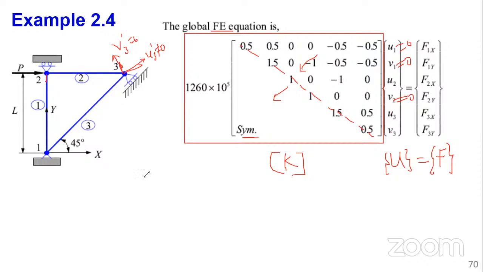Okay. So V3 is equals to 0. So we can neutralize this. We can resolve this boundary condition, the displacement that we know, to the global coordinate system. We can utilize that condition to be able to simplify further our equation and solve the unknown.